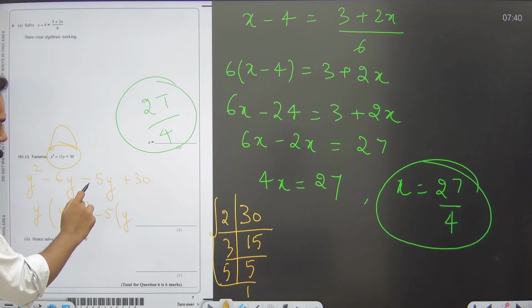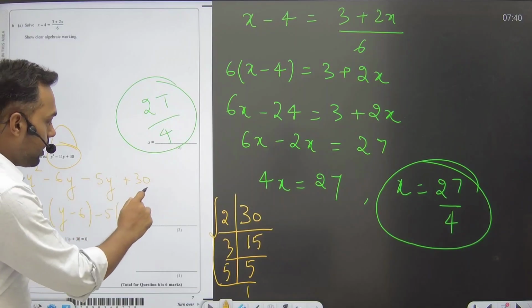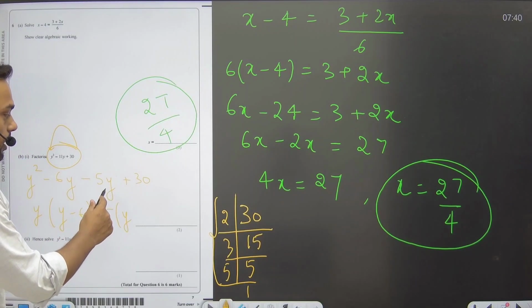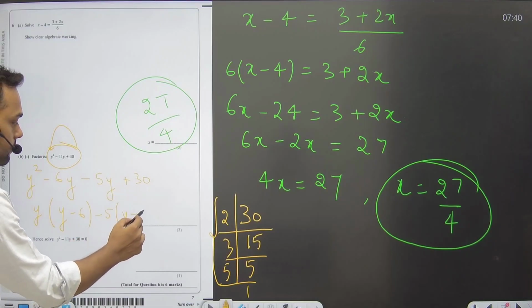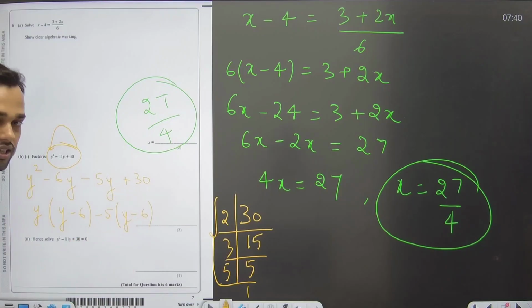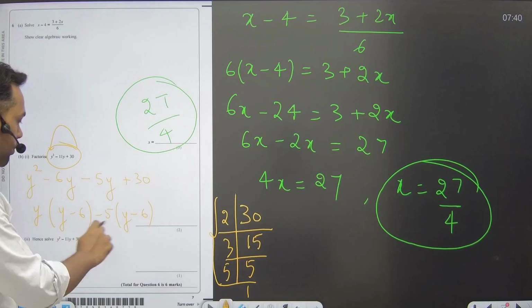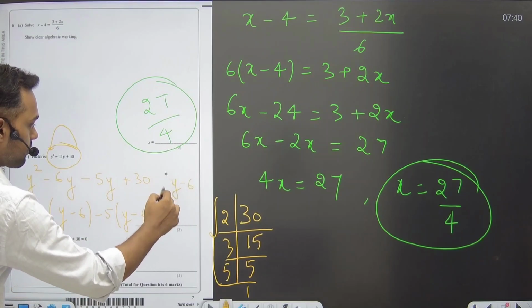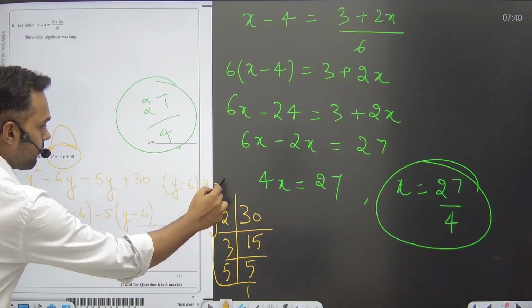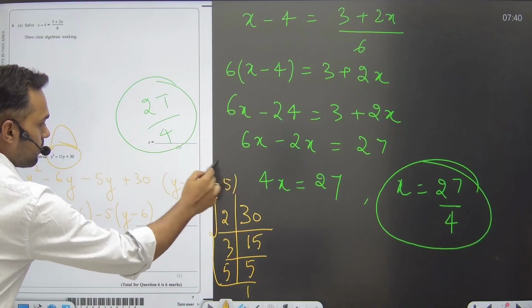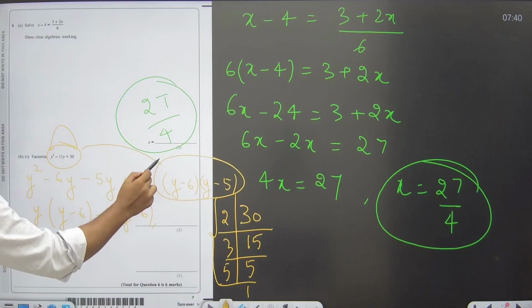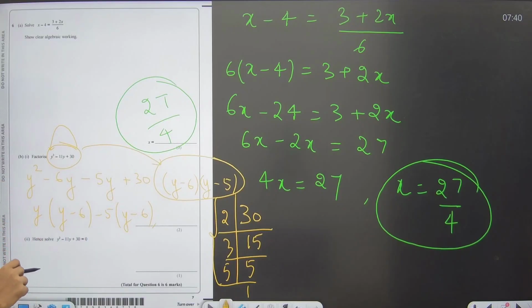Now if you take negative common in this line, you will get 5 and y negative 6. The sign gets changed here. So the value here, students, will be y negative 6 cross y negative 5. This is the value after the factorization of this expression. This was the expression, student.